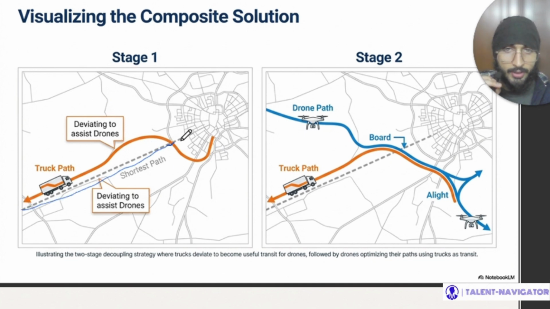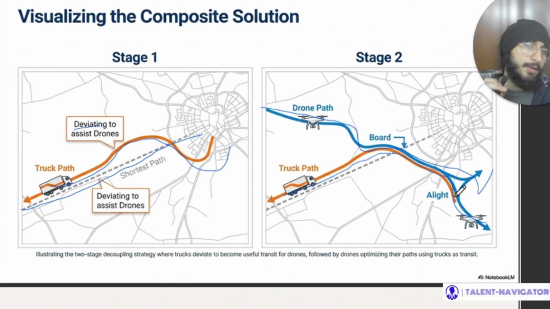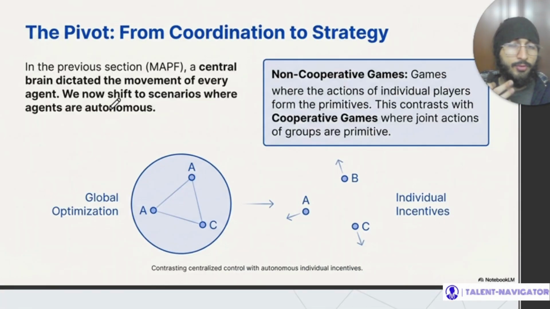This is the truck path, and we are going to deviate it to assist the drones. This was the drone path. We decouple the truck path and the drone path so as to optimize the distance, or the shortest path, for the drone.